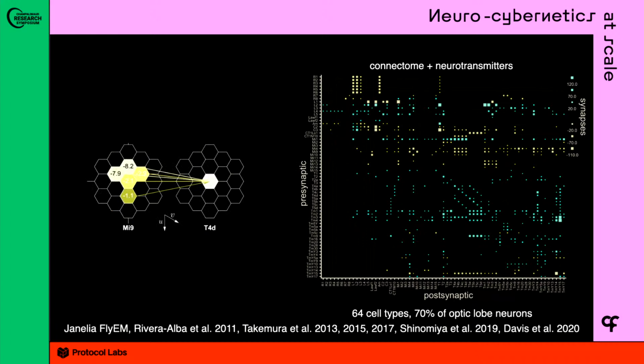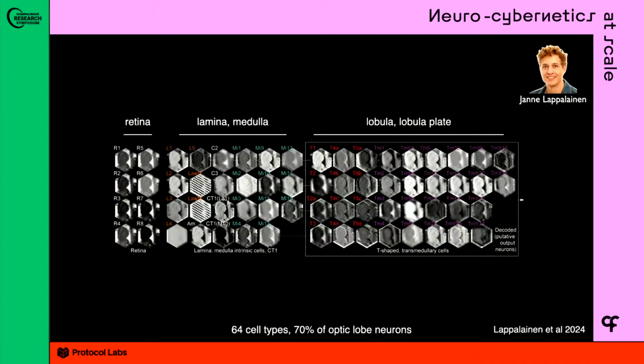We also know the spatial pattern of the connectivity between cell types. Here are two different cell types. If you know about convolutional neural networks, you can think about these cell types as feature maps, and the connectivity pattern between them as convolution filters, so to speak. So what we built is basically a recurrent hexagonal lattice convolutional network model of this fly visual system.